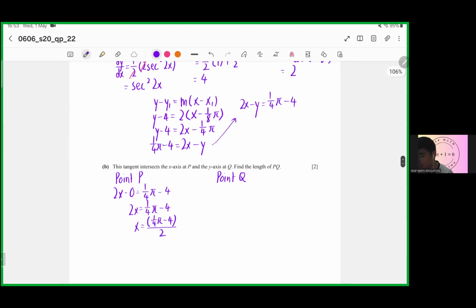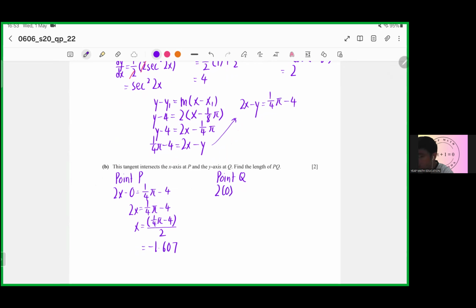Okay, and then I calculate it in decimal places form. Negative 1.607. Okay, and then one more, (2, 0).